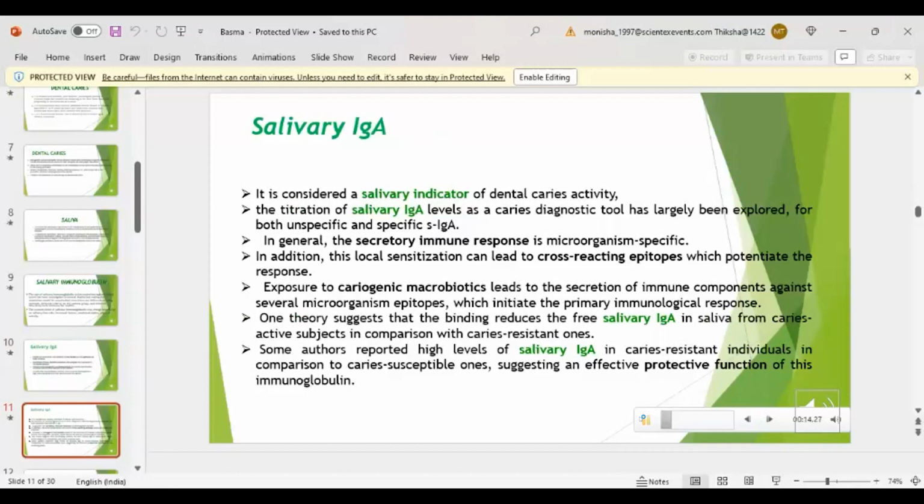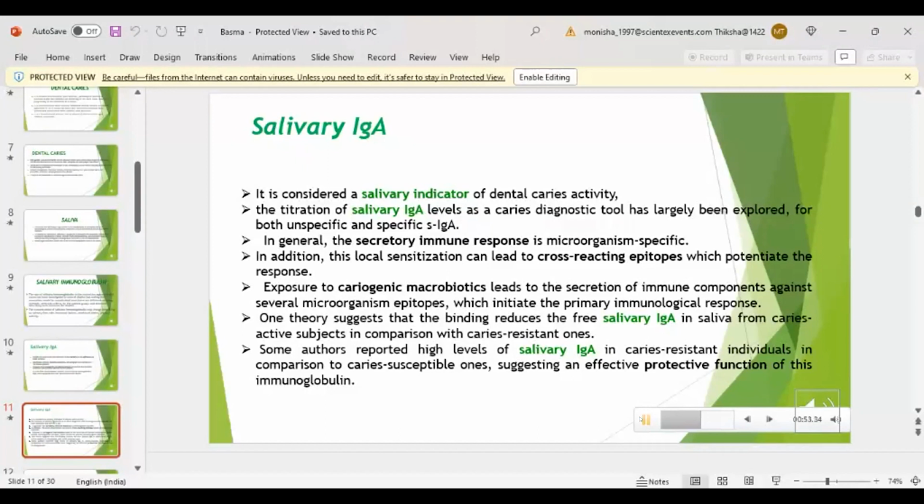Salivary IgA titration level, considered as a diagnostic tool, has largely been explored for both unspecific and specific salivary IgA. In general, the secretory immune response is microorganism specific. In addition, this local sensitization can lead to cross-reaction epitopes which potentiate the response.